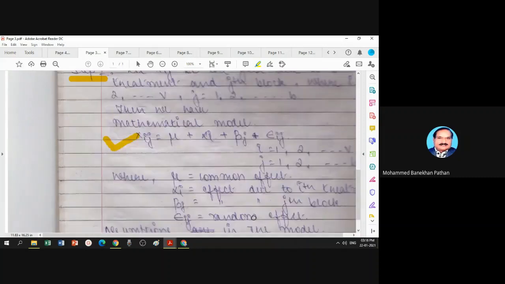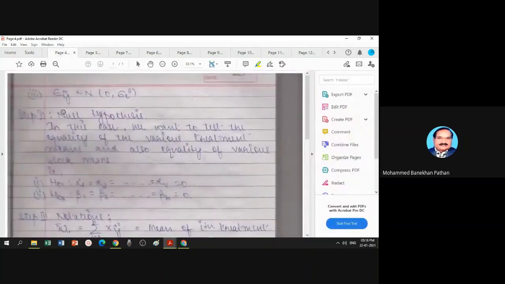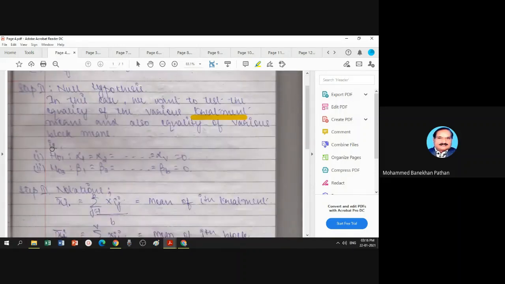After that, step number 2, you have to write the hypothesis under study, what is called the null hypothesis. So for RBD, you have two assignable factors. One is treatment and other is blocks. So for treatment, we make the first statement H naught 1: effects of treatment are equal in their effect and on average it is null effect.